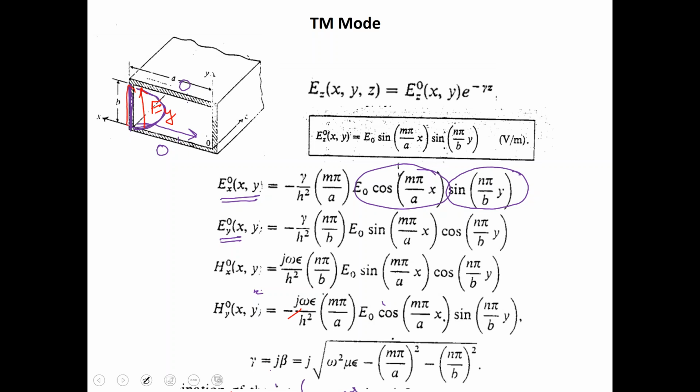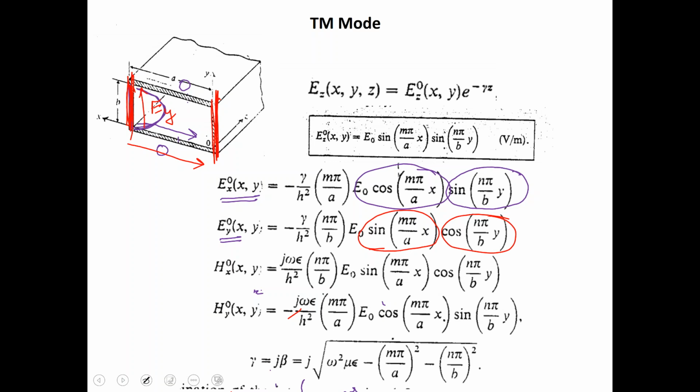This field is parallel to the side plates. So this has to be 0 at the plate here, and this has to be 0 at the plate here. So in x direction, this field should follow a sine variation, and in y direction, this field should follow a cos variation because the field is perpendicular to those planes.